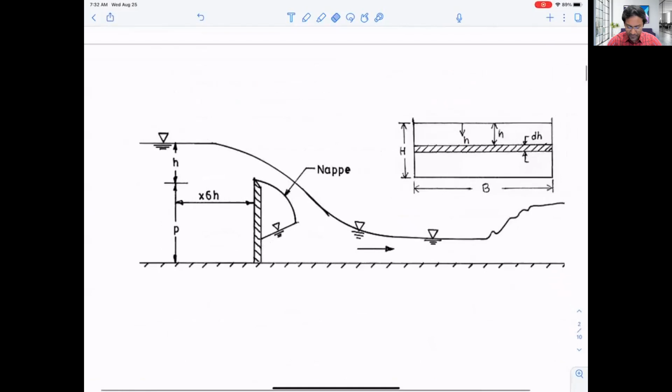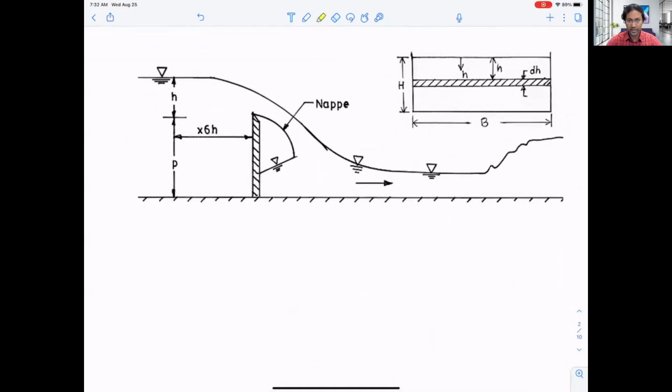Basically we are drawing the same long profile. Water is flowing here, and it has this profile or shape, you can see here. It is flowing over this weir and then flowing this way, and then we have this type of thing. If you are familiar with this one, I'm going to talk about this as well.